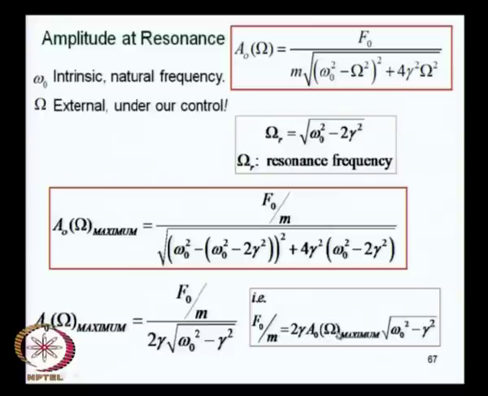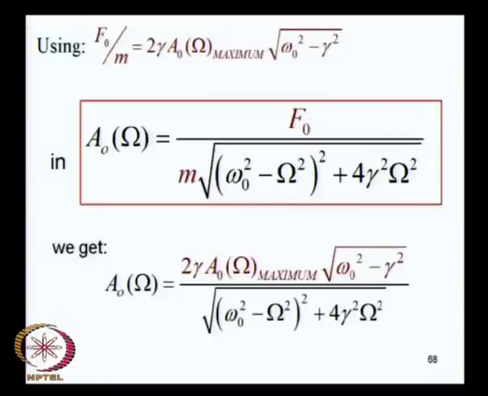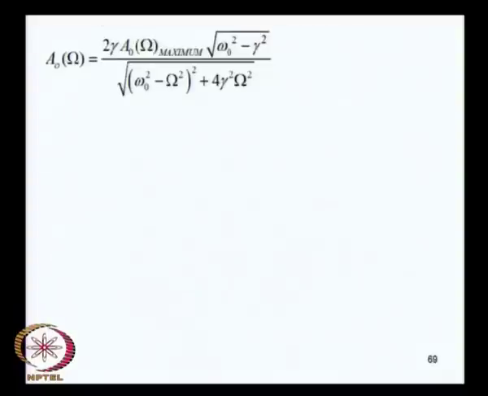So, instead of writing our parameters in terms of the amplitude f0, we can write it in terms of the maximum amplitude of the oscillation itself, and if you do that, then this a0 omega becomes expressible in terms of the maximum amplitude, which is written as a0 omega at the maximum value. Okay. So, it is just a straightforward substitution of the amplitude function at the resonance frequency.